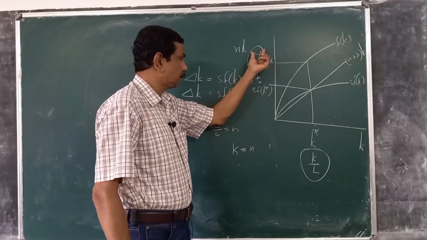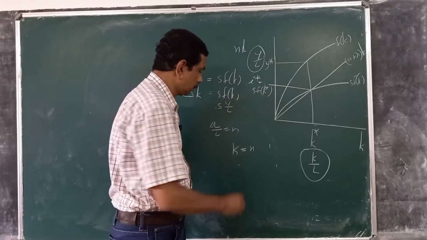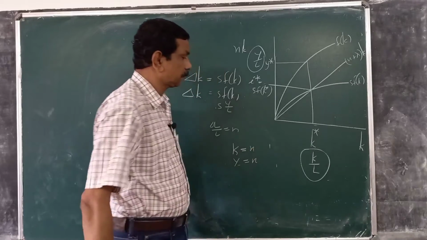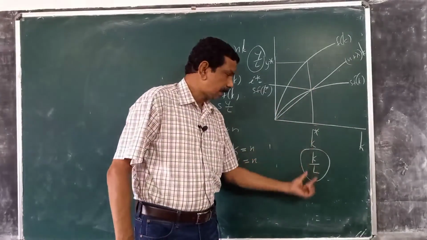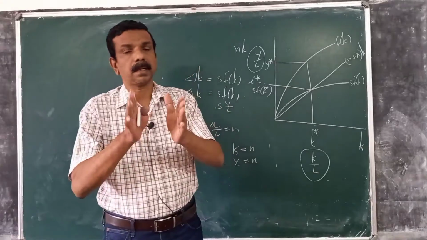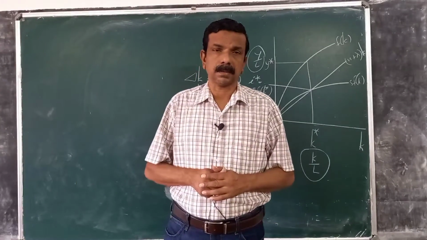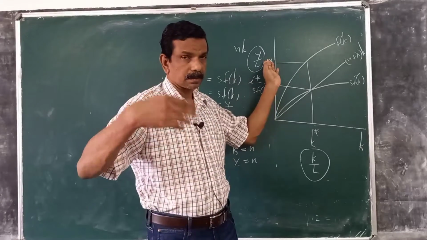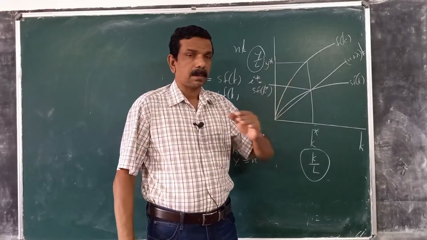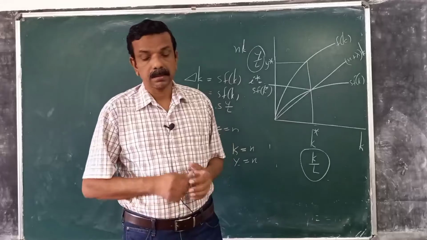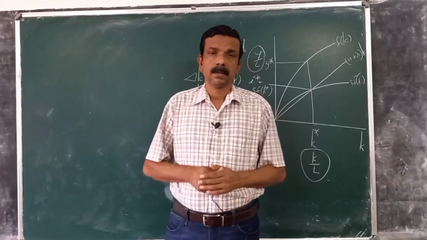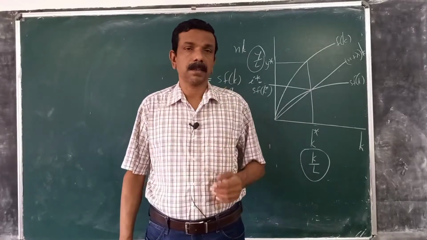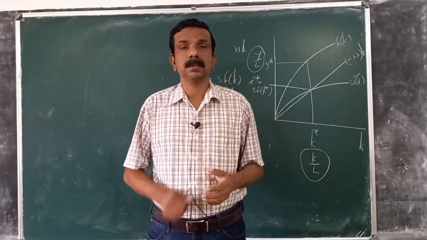Similarly, y by L is a constant if y is also growing at a rate equal to n. So in the steady state, k by L and y by L are constant. That is, output per head or per capita income is a constant, but national income is growing. Similarly, capital per head is a constant, but capital accumulation is increasing.